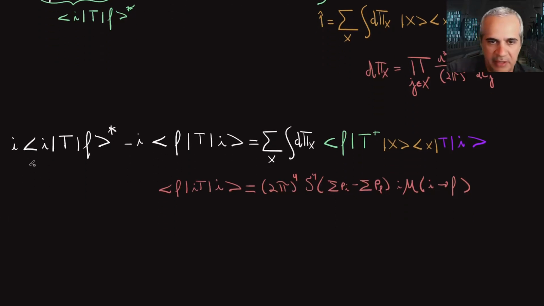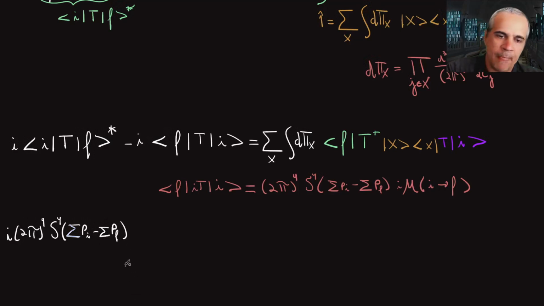So let me repeat that. There's an i, then 2 pi to the fourth, delta 4 of p initial minus p final, right?